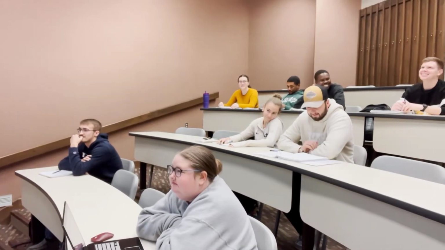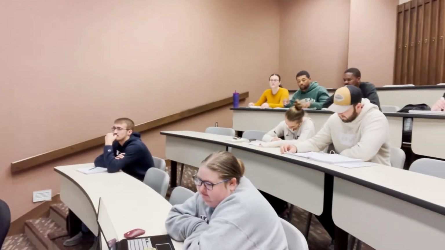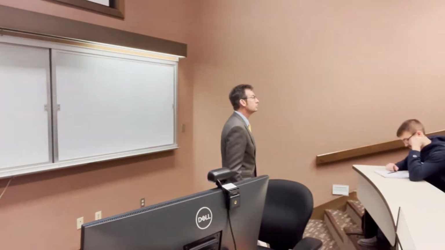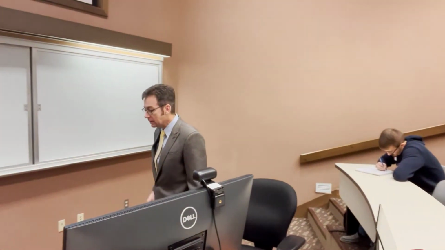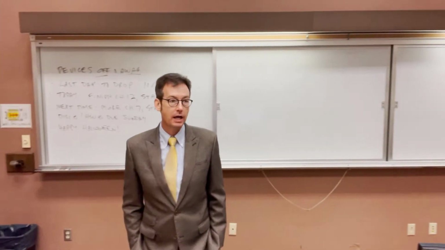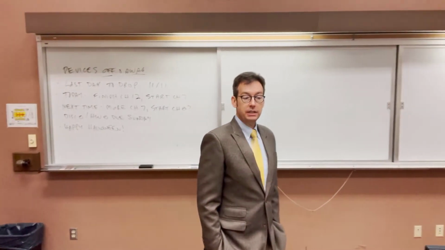Okay. Now, we've talked about how to find the cost of equity. Now we're going to talk about how to find the cost of debt, and it's a whole lot easier. It turns out that all we have to do is find the yield to maturity on the debt for the firm. And we know how to find yield to maturity from Chapter 5, so it's really easy for us to find that.